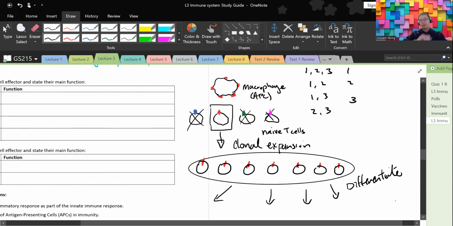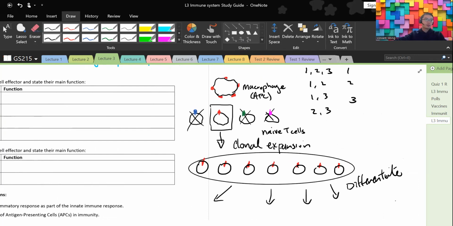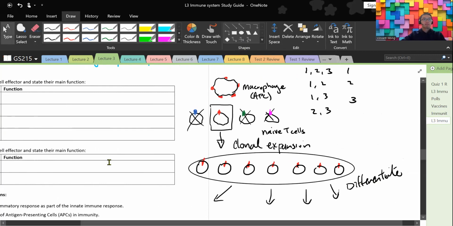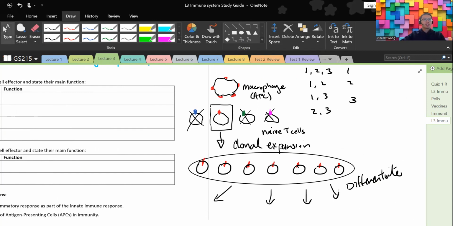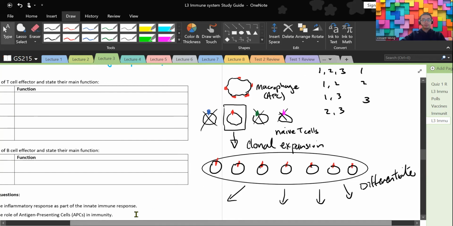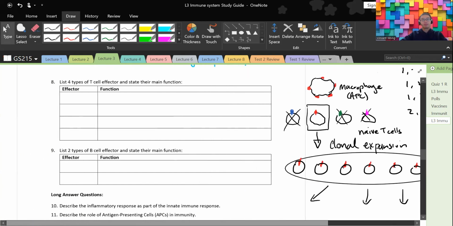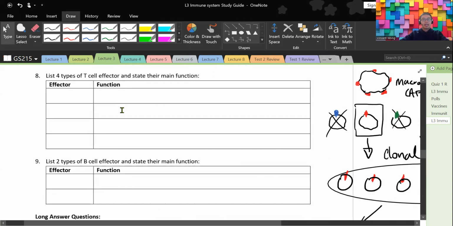Do we have any questions about this process before I fill in the chart? Everybody's good? Maybe it is easier than I thought.